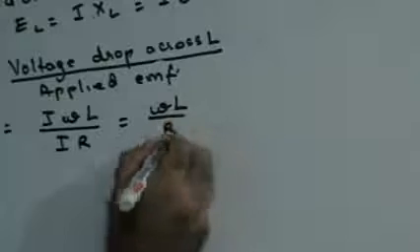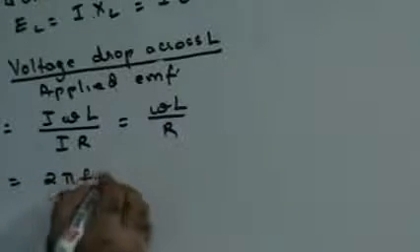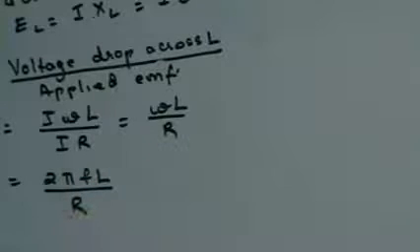Thus, I can say this is nothing but omega L upon R, right? Omega is nothing but 2 pi F. So this is 2 pi FL upon R, right?